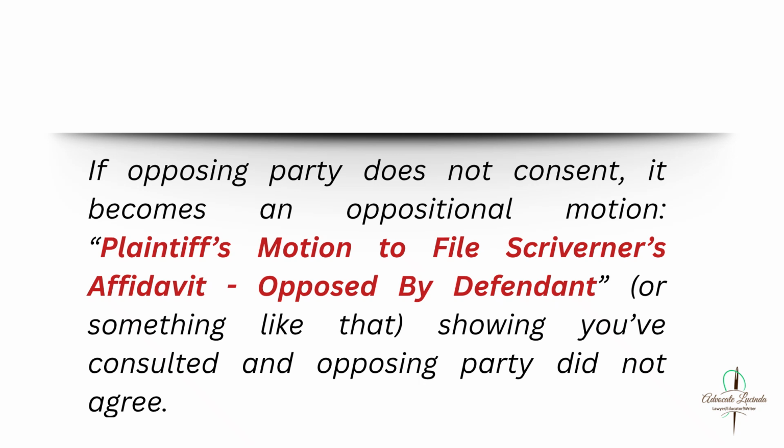If opposing party does not consent, it becomes an oppositional motion. Quote, "plaintiff's motion to file Scrivener's affidavit, opposed by defendant," end quote, or something like that, showing you consulted and opposing party did not consent.